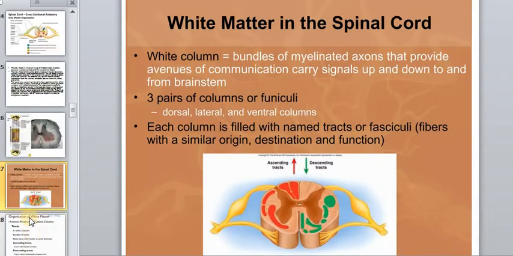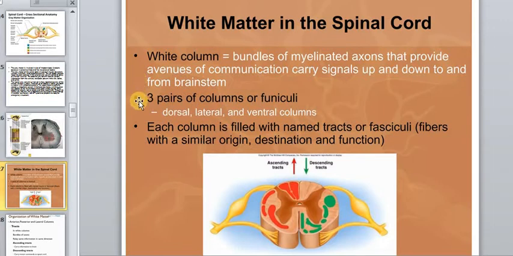But now, in the spinal cord, we will discuss the white matter, and you see the white columns, bundles of myelinated axons that provide avenues of communication, carrying signals up and down to and from the brainstem.